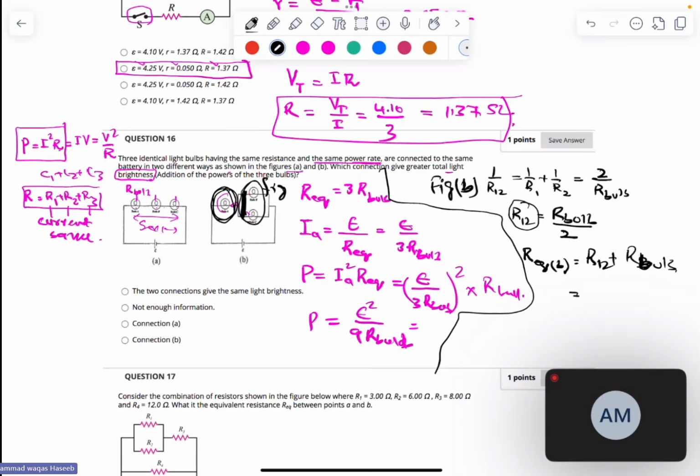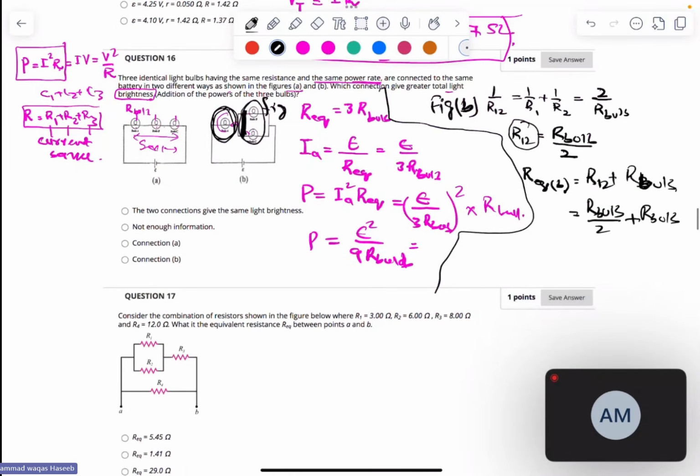So you will get R bulb over 2 plus R bulb. So your total resistance required for the circuit B is 3R bulb over 2. So what is the power now? So this is the equivalent resistance.